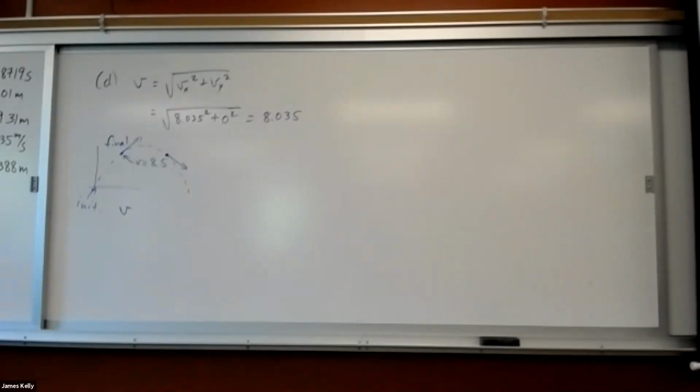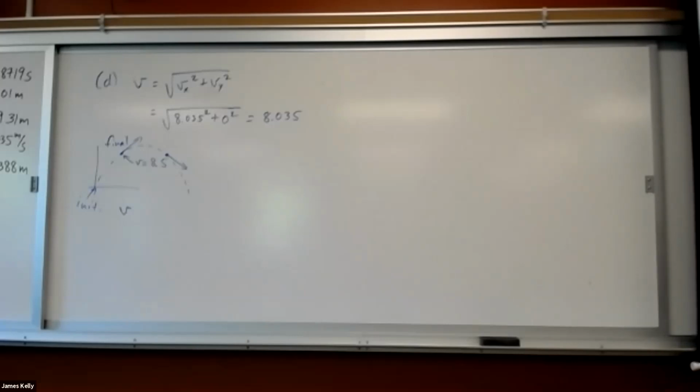Going back over here, the x velocity component doesn't change. And so the question is, when does it have exactly the right y velocity component to give it a speed of 8.5? When the final height is equal to the initial height, this term goes to 0, and that means the y velocity component just changes sign, which wouldn't change the speed.